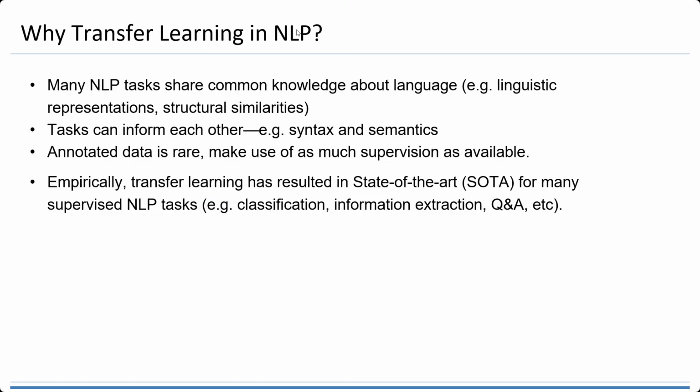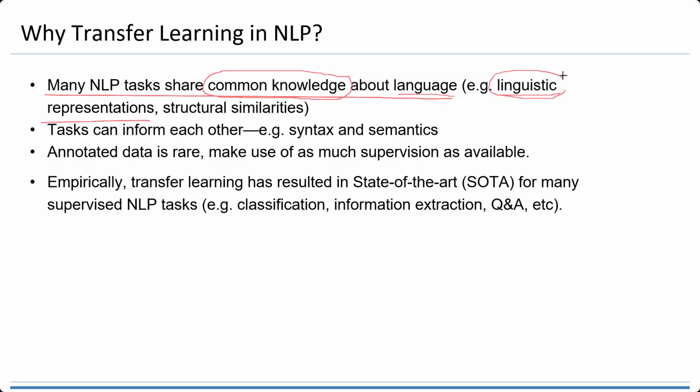Why transfer learning in NLP? NLP is the text analytics that we have learned until now. Many NLP tasks share common knowledge about language. It means if you learn about the language, we have the linguistic representation.